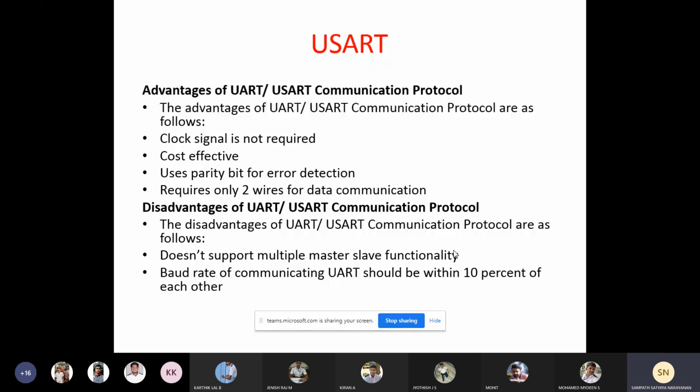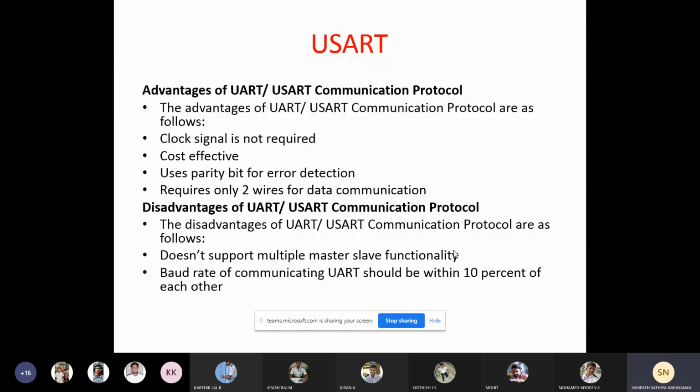The main disadvantage of UART or USART is it doesn't support multiple master slave functionality. So only one master and one slave device. The speed of a communicating UART will also be very less.